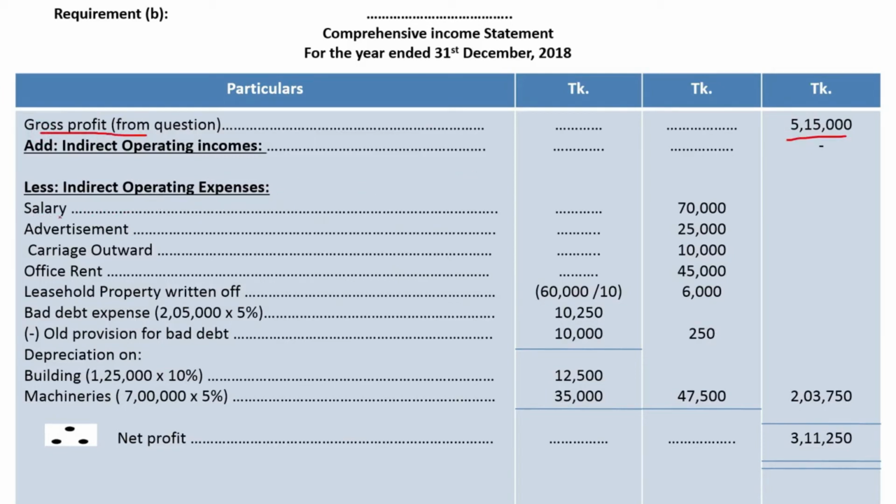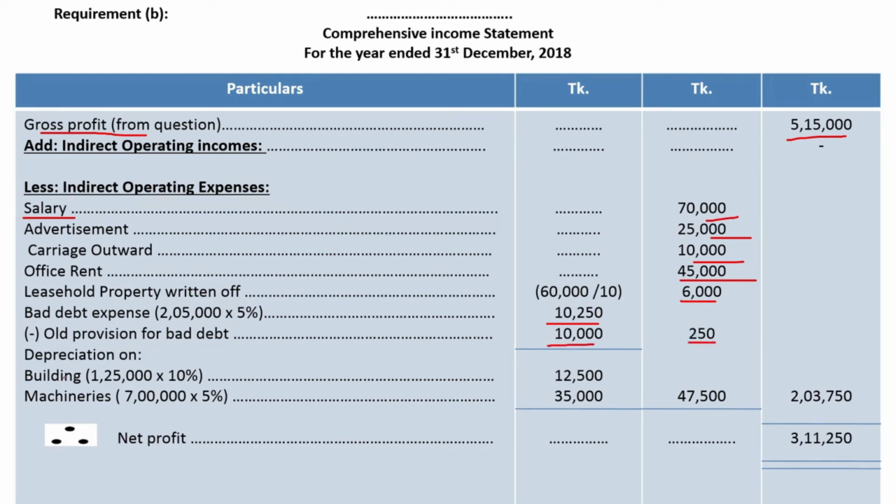Less indirect operating expenses here, salary 70,000 taka, advertisement 25,000 taka, carries outward 10,000 taka, office rent 45,000 taka, leasehold property return of 6,000 taka, bad debt expenses 10,250 taka minus old provision for bad debt 10,000 taka, that is 250 taka.